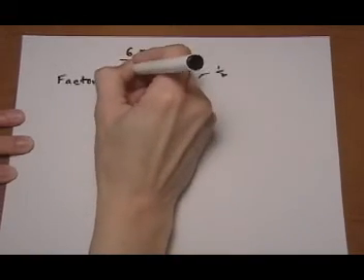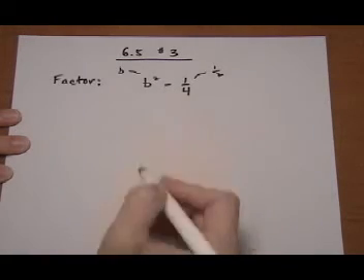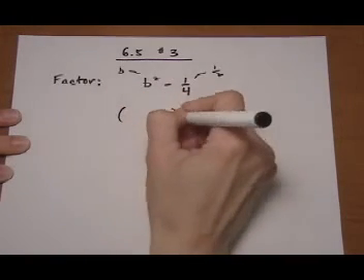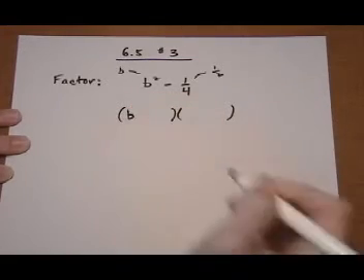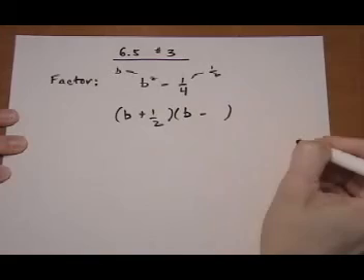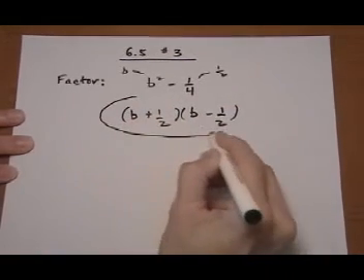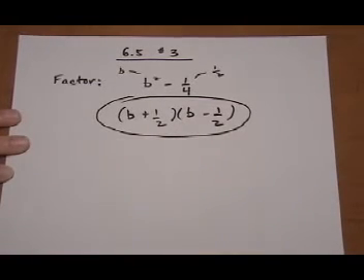The square root of b squared is b. So that means I can use a difference of perfect squares because they are being subtracted. So I do the square root, so b plus the other root, b minus the other one. And I've got my answer. So that one's all set. Next guy.